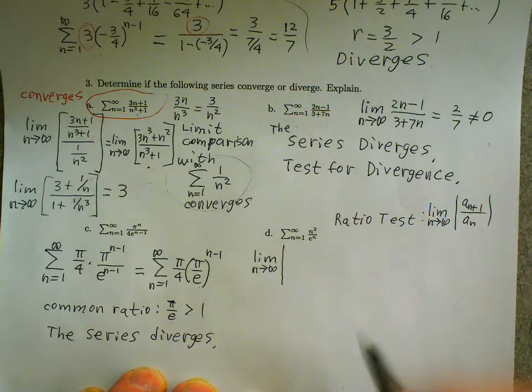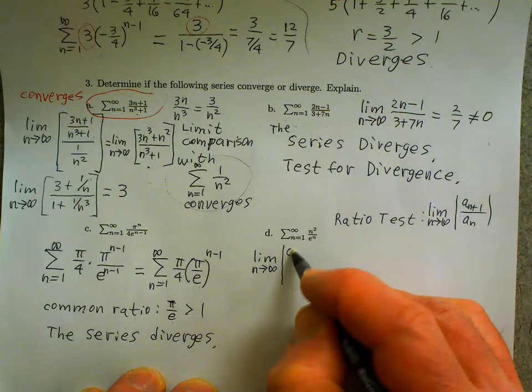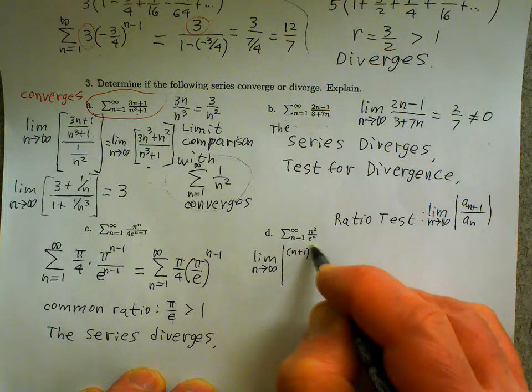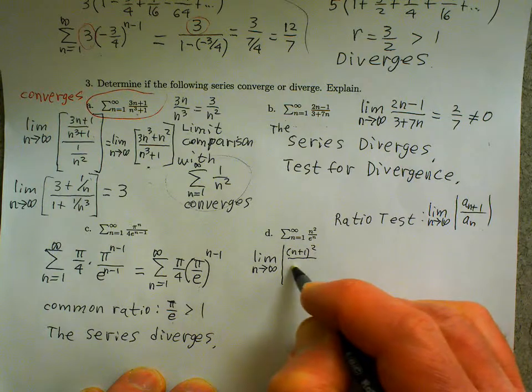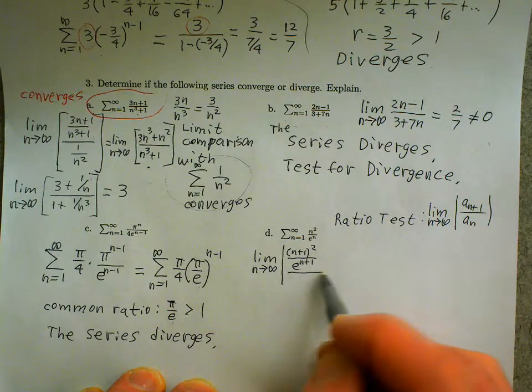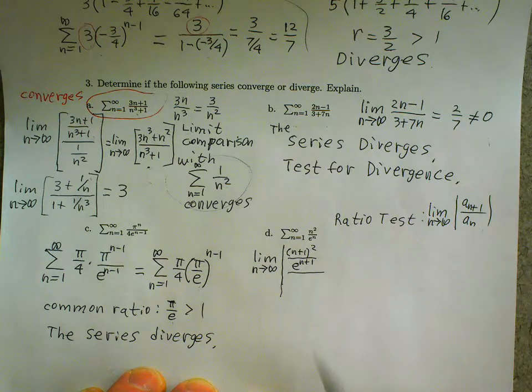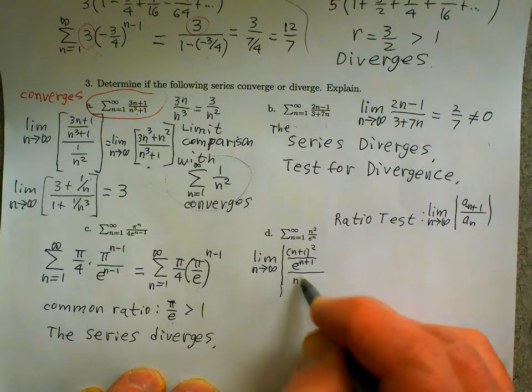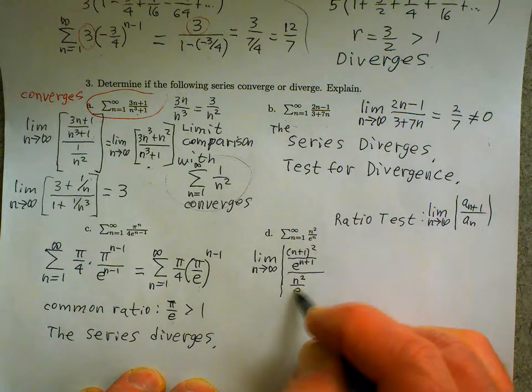Okay, so the n plus first term is n plus 1 to the second over e to the n plus 1. Divide that by the nth term, which is n to the second over e to the n.